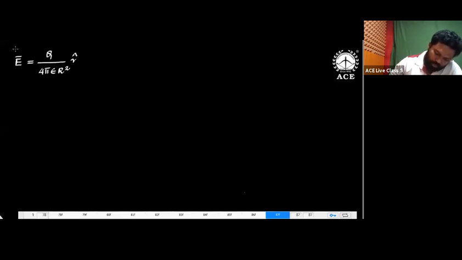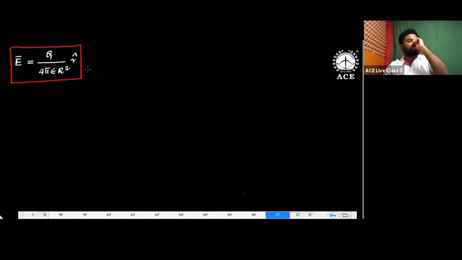This is the electric field. How is the electric field directed? It is radially outwards from the charge. Let us consider the charge Q, beta, here.